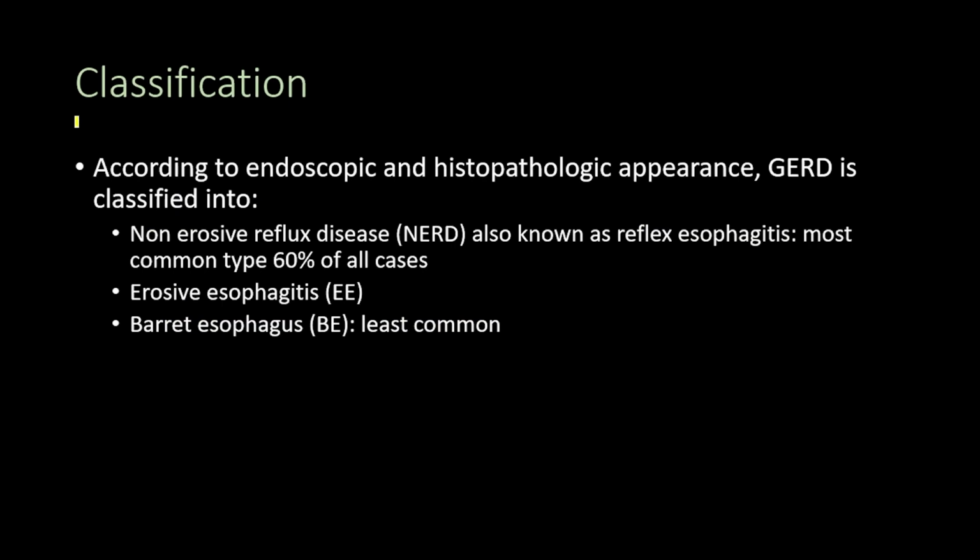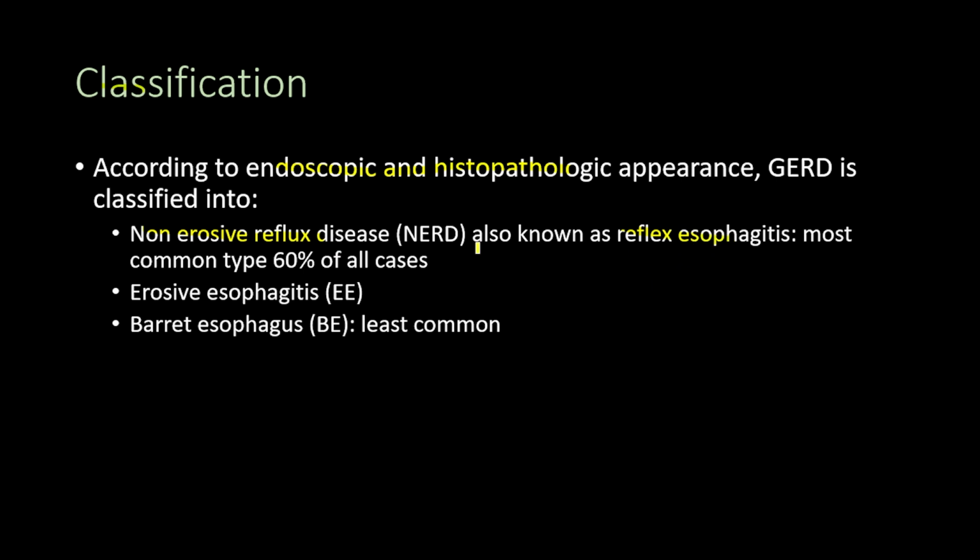Now let's talk about the classification. So according to the endoscopic and histopathologic appearance, gastroesophageal reflux disease is classified into three types. So we have the non-erosive reflux disease, abbreviated as NERD, and this is also known as reflux esophagitis.